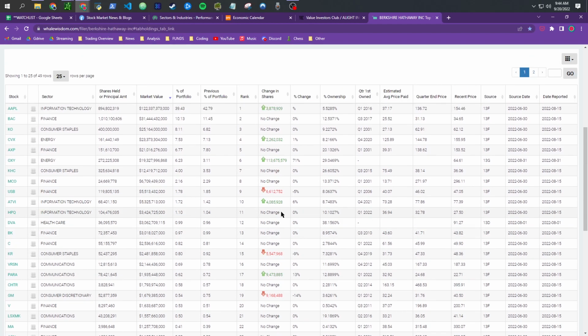Like HPQ is another one that's a hot stock right now, but I think it's safe to say it's controversial. But yeah, he bought in at about, it says about 37. I saw maybe like 35. So yeah, maybe between 35 and 37. And now it's trading at, let's see, about 26.